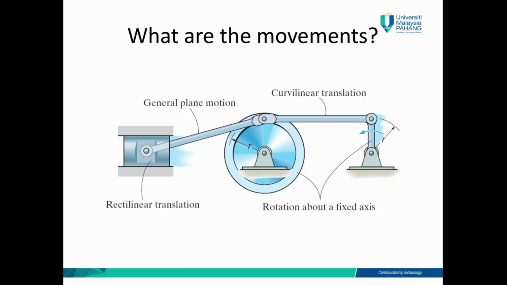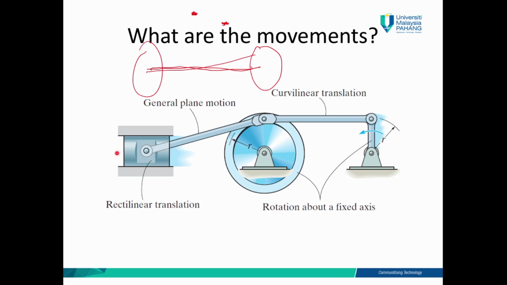But for this course, we're only going to touch on plane movement, which means your movement is only restricted to a paper. You can imagine it is only moving on a paper, the translation and the curvilinear on a paper, and there will be a rotation along a fixed rotation axis that is perpendicular to the paper.